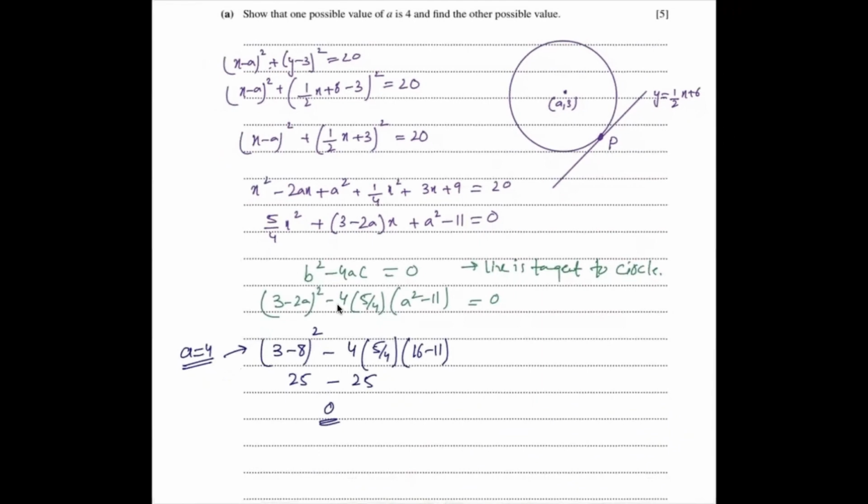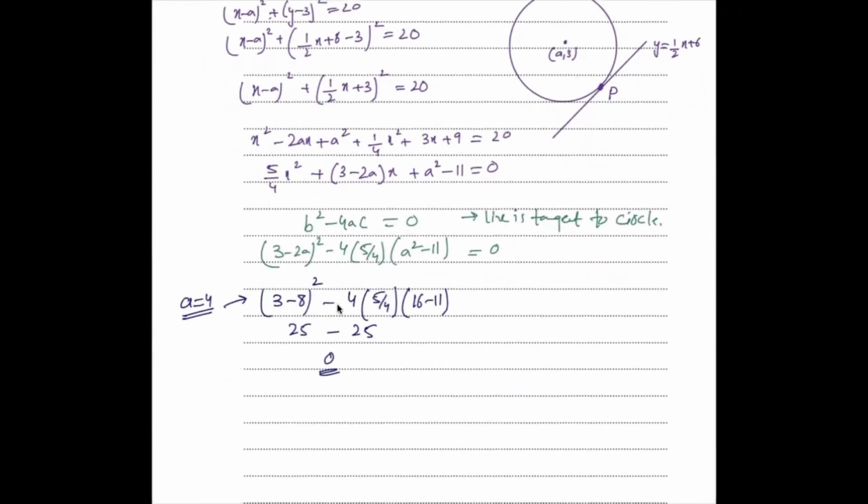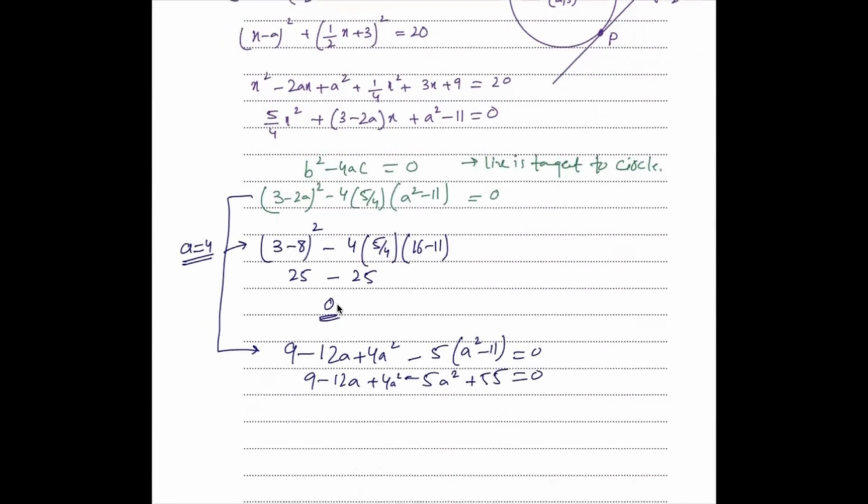And to find the other possible value, we are just going to solve this equation. That's going to be 9 minus 12a plus 4a square minus 5 times a square minus 11 equals to 0. Let's simplify this further: 9 minus 12a plus 4a square minus 5a square plus 55 equals to 0.